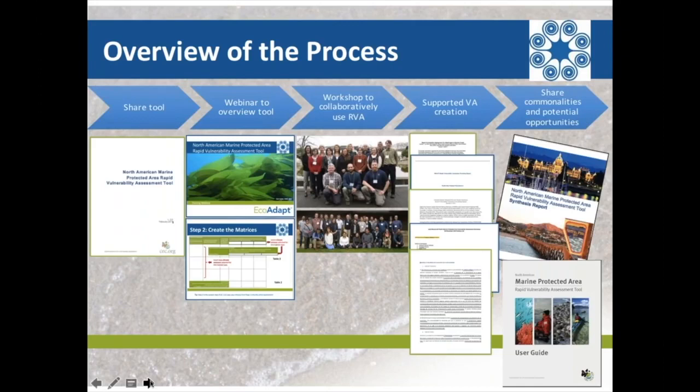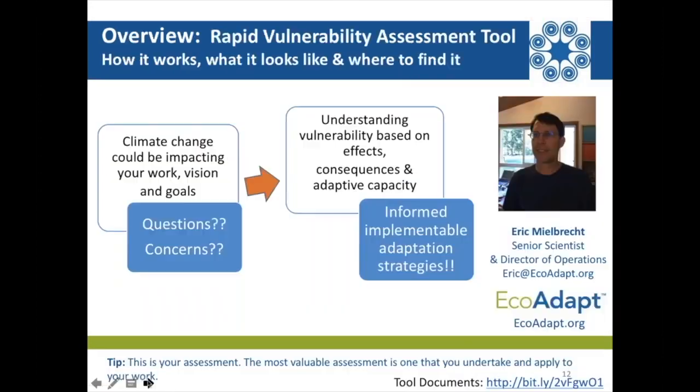We ended up with a tool that is simple, focused, feasible and flexible so that people can use it as they wish. The main goal, of course, is to bring the MPA to be as climate adapted as possible. I'll pass the floor to you, Eric.